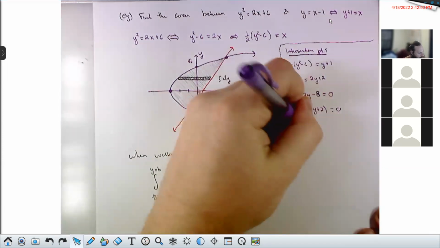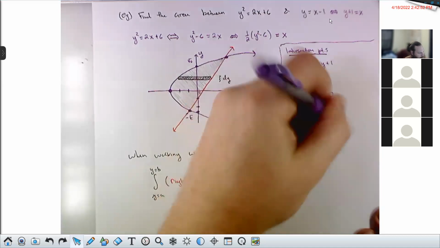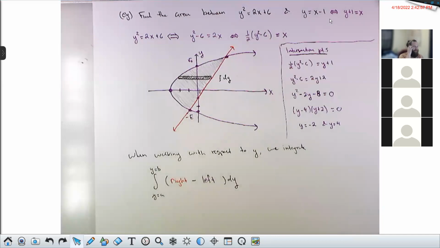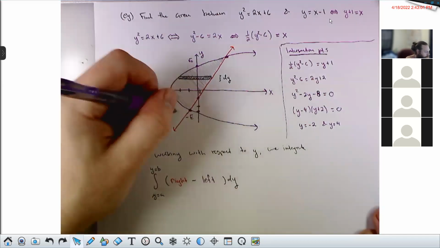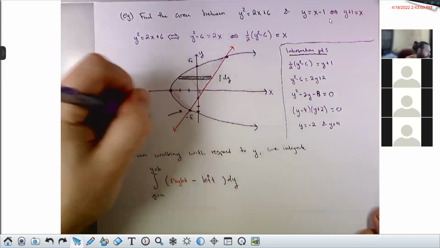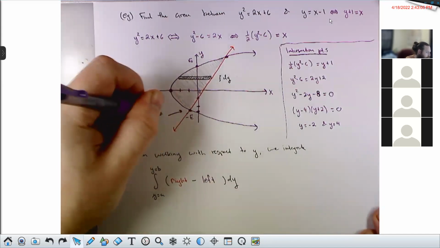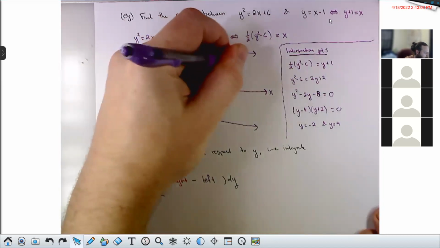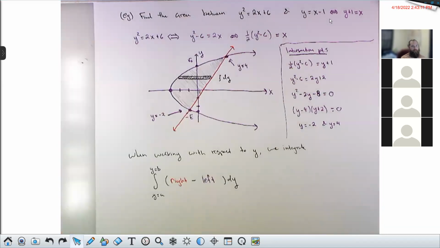So we get y equals -2 and y equals +4 as our intersections, right? So the y value here is y equals -2. And the y value here is y equals +4.